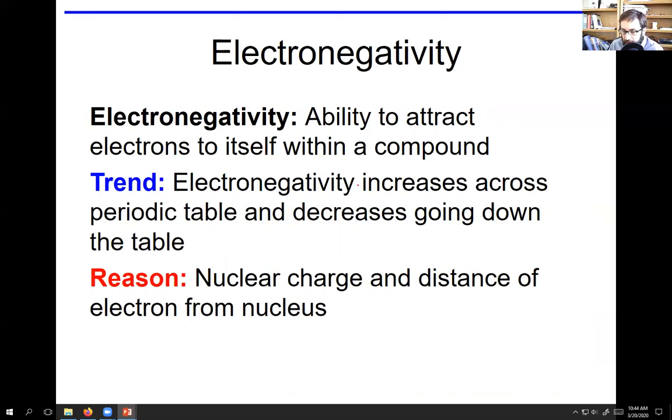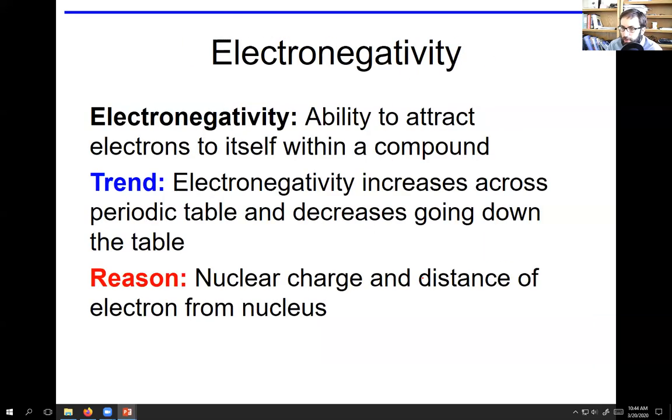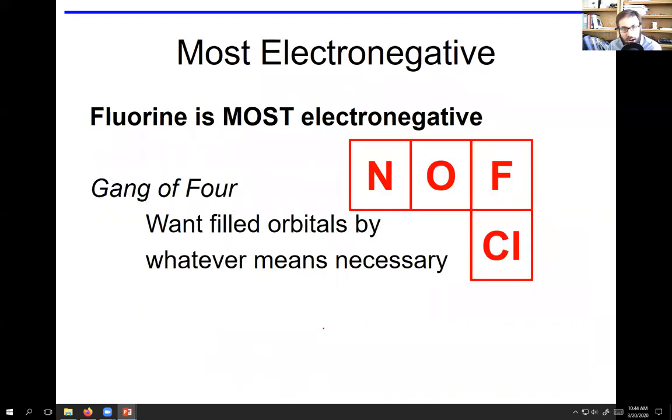And so the trends are that the electronegativity increases across the periodic table and decreases going down the periodic table. And this has to do with nuclear charge and distance of the electron from the nucleus. So if we're increasing across the periodic table and decreasing down, then the top right is going to have the highest electronegativity.